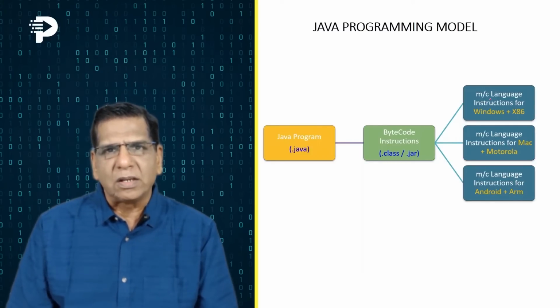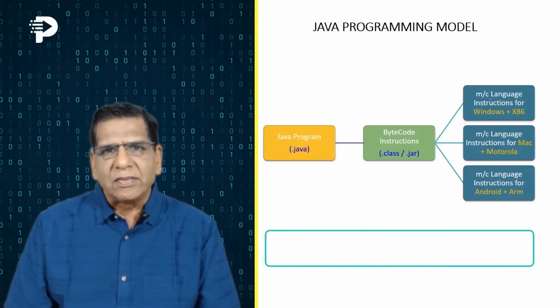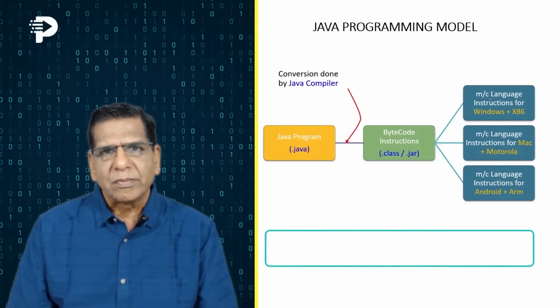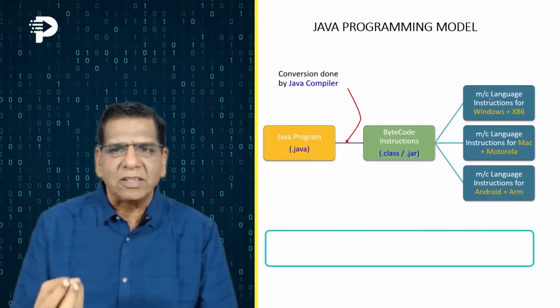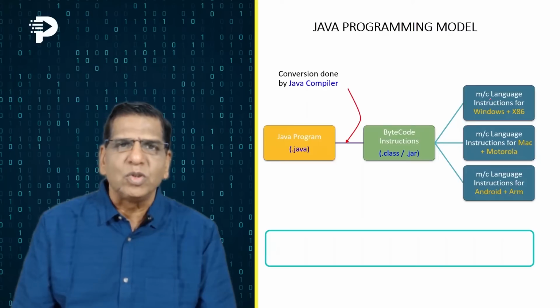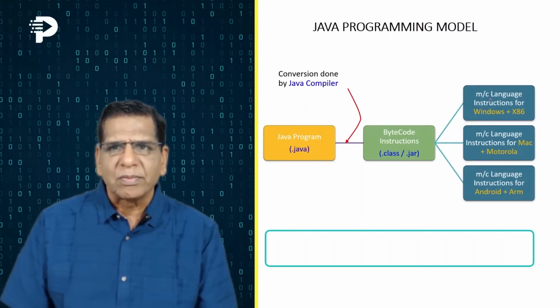Advantage of this is what? Advantage is that once conversion is done by the Java compiler and the intermediate language instructions have been created, from there onwards the same instructions can be used to get them executed on different platforms.